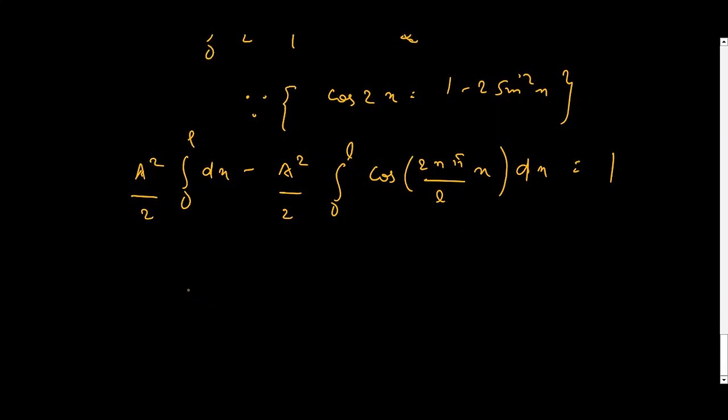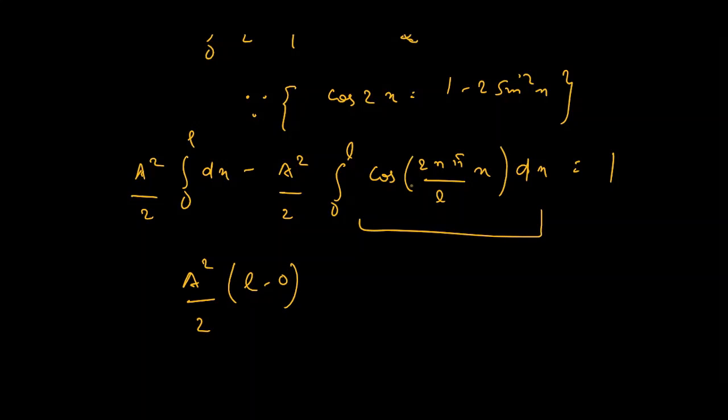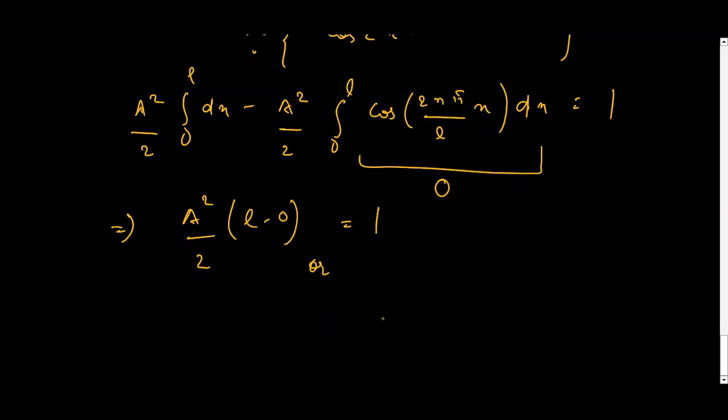Solving this, we get a square by 2 L minus 0, since after integrating, the value of cos 2n pi by L into x from 0 to L turns out to be 0. So a square by 2 L is equal to 1, or a square is equal to 2 by L. This implies that a is equal to root 2 by L, right?